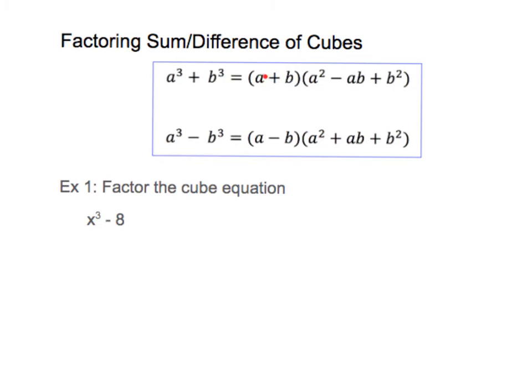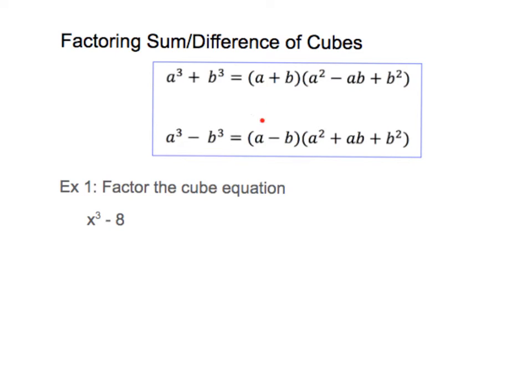So notice how this formula has two parentheses when you factor. The first one is a binomial, and then this one here is a trinomial. So when you factor a cube, that is what we call a sum and difference of cubes. One's adding, one's subtracting. They give you two parentheses, and one's a binomial, one's a trinomial.